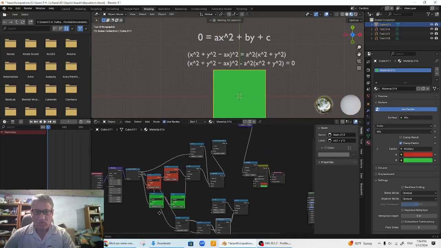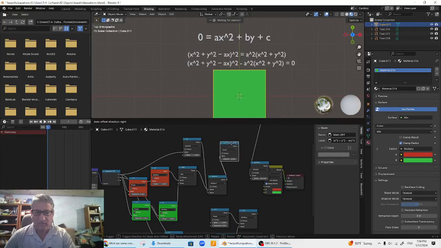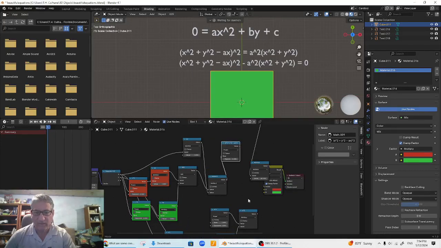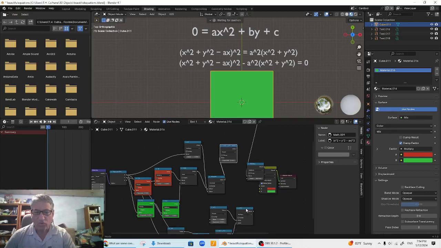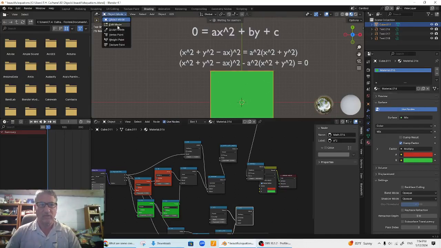So lordy lordy. So this, which is x squared there, so when we've multiplied this, let me go in and grab that so I don't lose it.